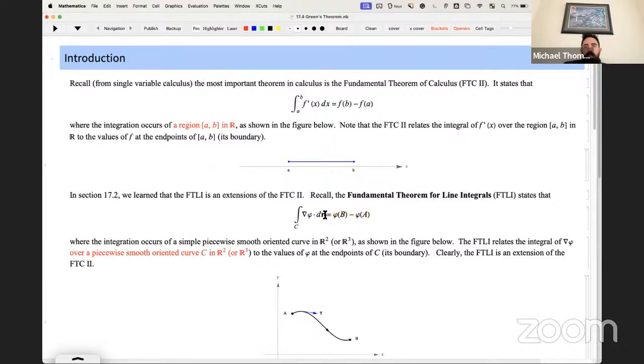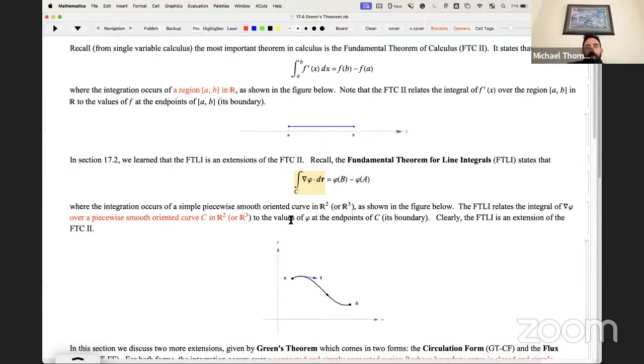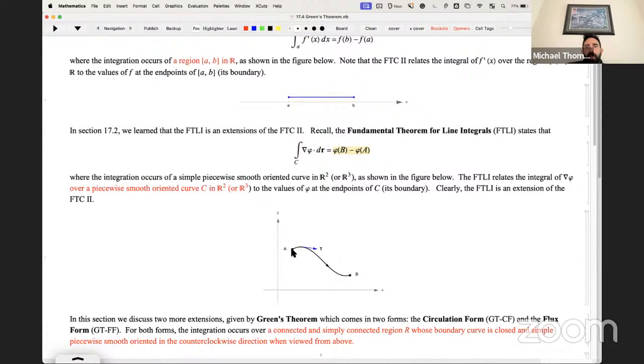Okay, so what does it do? It relates the integral of the gradient of phi over a piecewise smooth curve oriented in R2 or R3 to the values of phi at the endpoints. And by the way, the endpoints would be the boundary of the curve, right? If this is your curve, then that would be a boundary point, and that would be a boundary point.